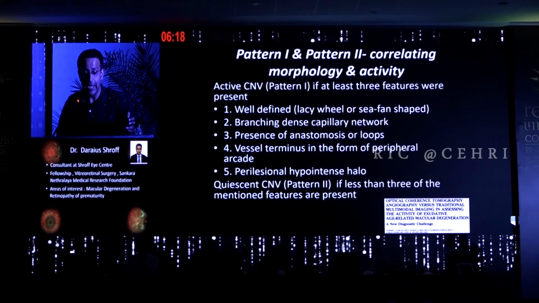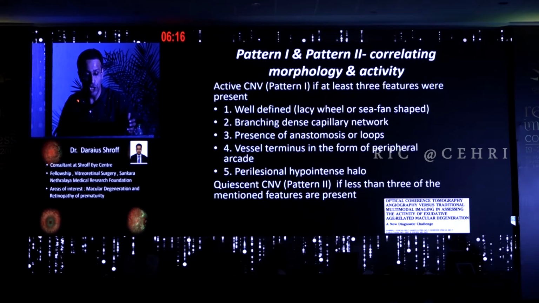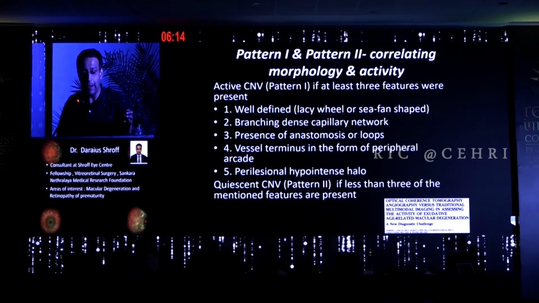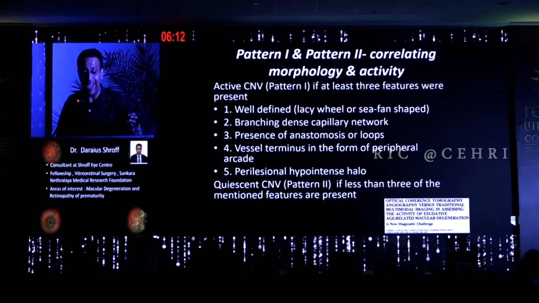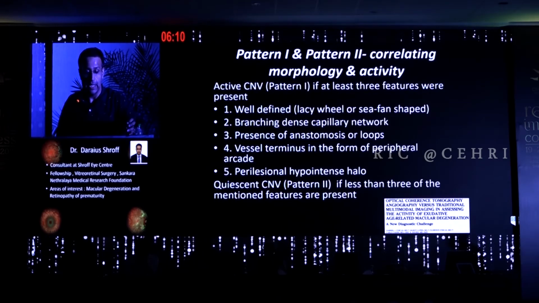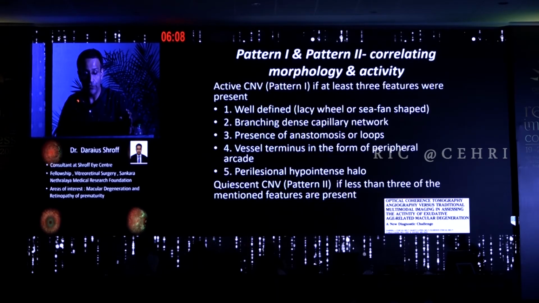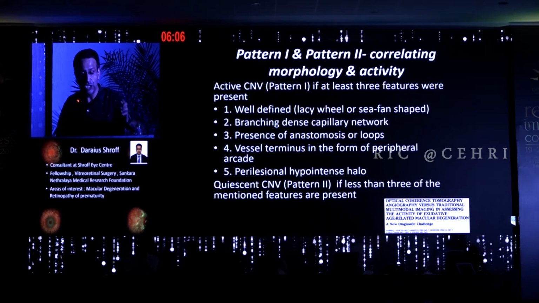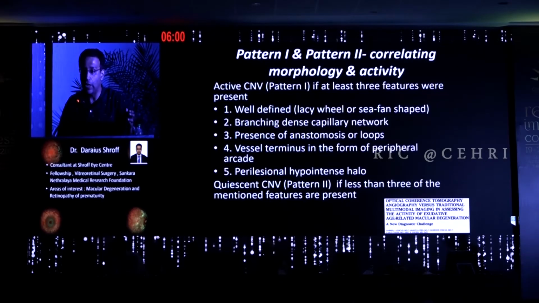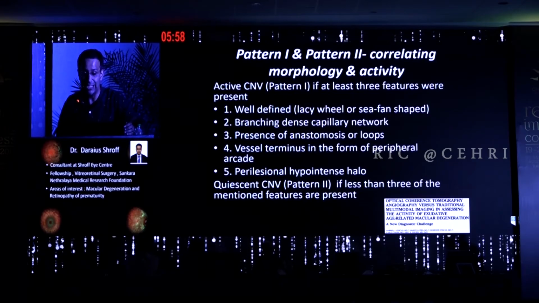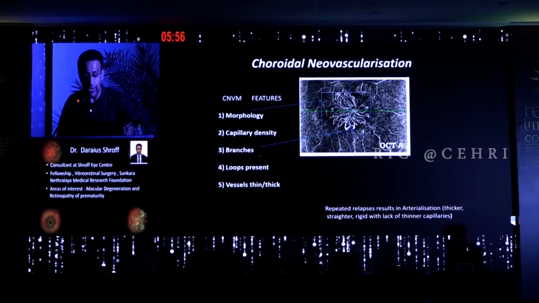This is a well-defined pattern, lacy or C-fan shaped, branching dense capillary network, presence of anastomoses or loops, vessel terminus in front of a peripheral arcade, and a perilesional hypointense halo. And it's pattern 2 or quiescent if less than 3 of the above features are present in a lesion.